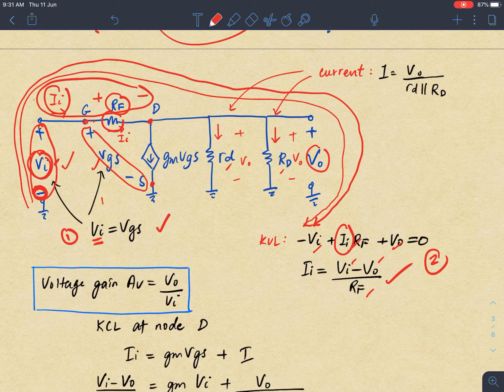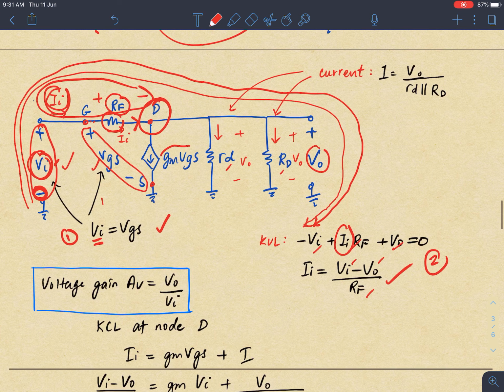The third equation we can get for the I here, because we take a look at the D node. At this branch we have I in at the left side, and then we have GM VGS, and then another one here. I call it I, because this I is split into two, one for small rd and one for the big RD.